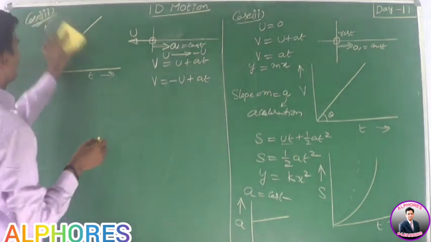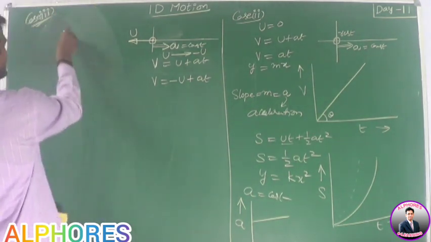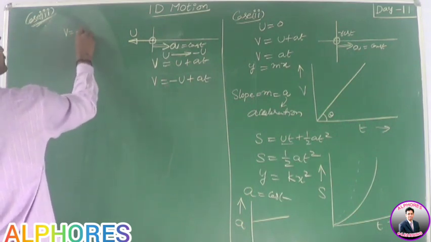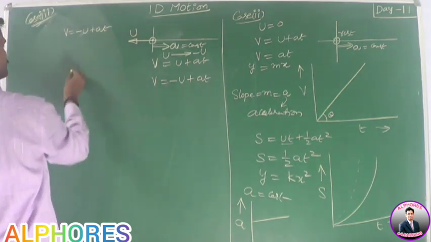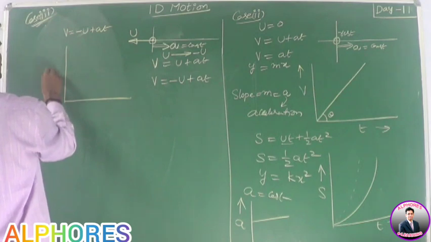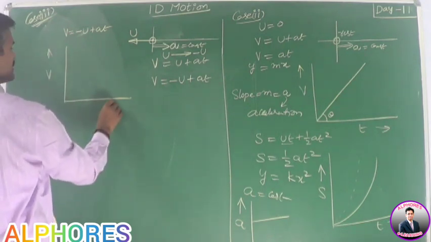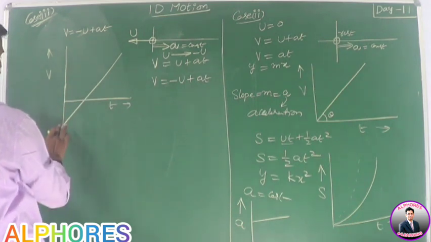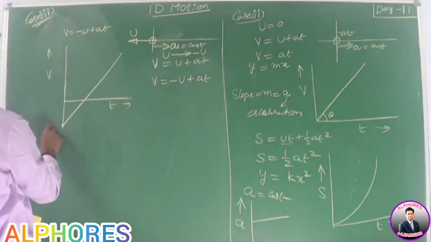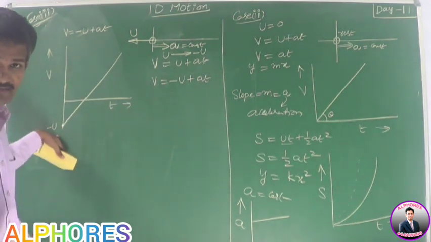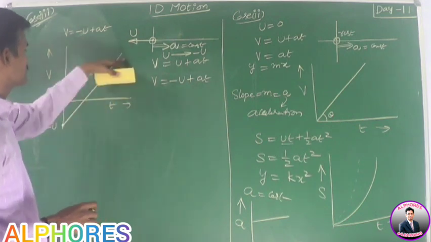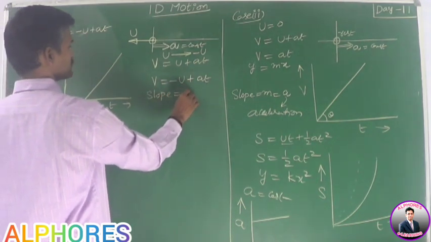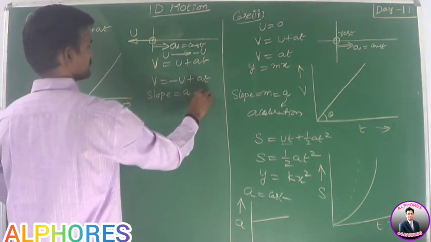So the graph can be drawn for the function v equal to minus u plus at. This graph is like this. This is v and this is time. This may be the graph. Here it gives the initial velocity, minus u, on the negative side, and the slope of this line gives a, or acceleration.